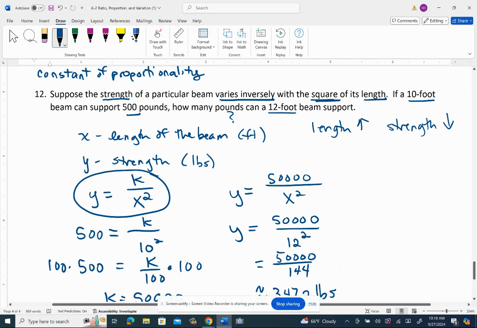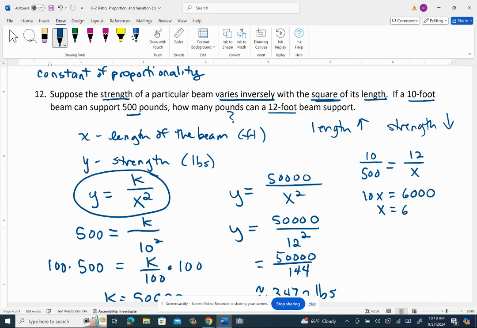If I said 10 feet to 500 equals 12 feet to x, I'd come up with 10x equals 6,000 and x would equal 600. I would come up with the 12-foot beam supporting more weight. So you've got to be careful assuming you can just set up any old type of equation or proportion.